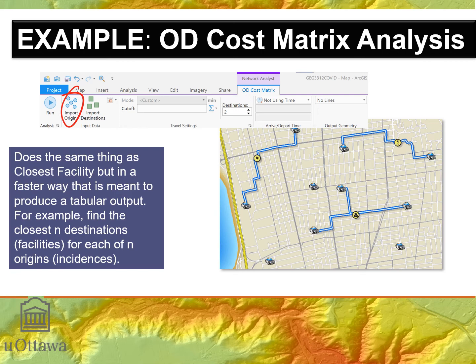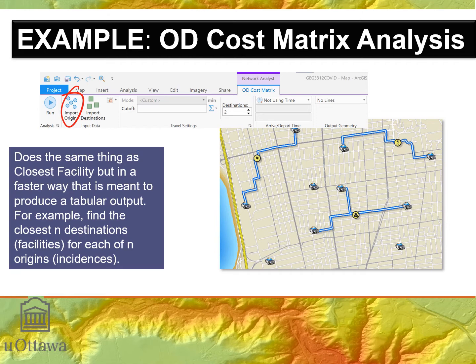An OD cost matrix stands for Origin-Destination Cost Matrix. And we can undertake that with an OD cost matrix analysis layer in ArcGIS Pro. This type of analysis does the same thing and uses the same algorithms as the facility incident model or the closest facility analysis layer.